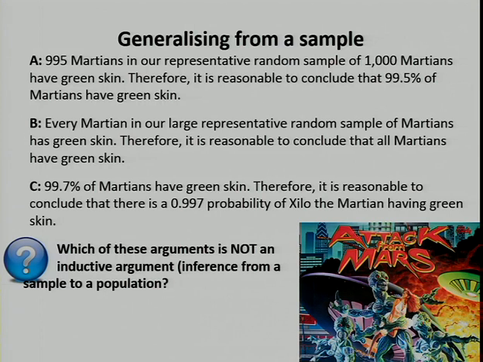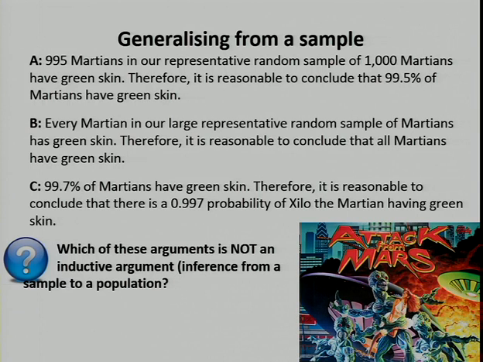Look at those. C, right? So that's a deductive argument in the sense that it's moving from a population to an individual, namely to a particular Martian. So that's just focusing on the direction of the inference in which it is drawn.